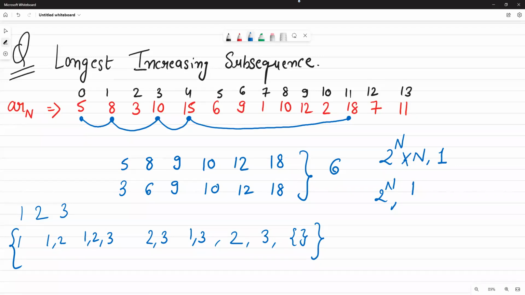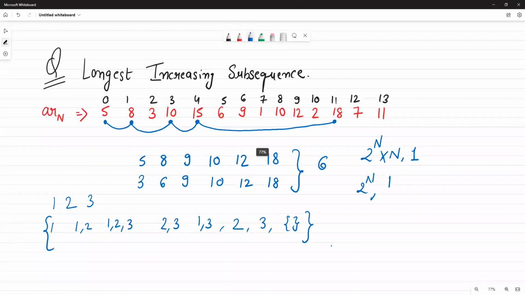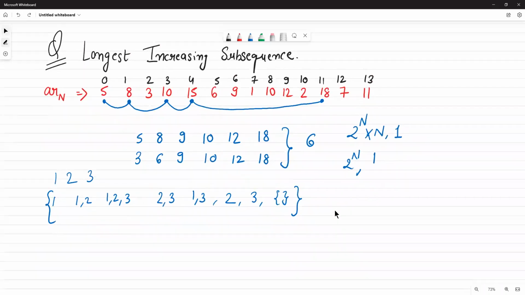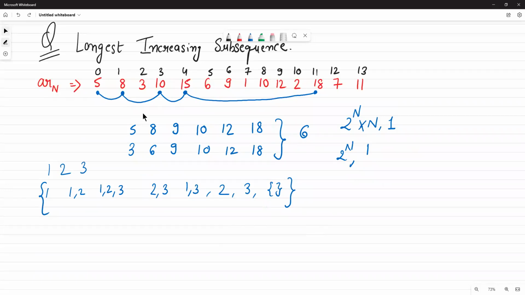Okay, perfect. So this is the introduction to this particular problem, and I hope you got the introduction part. Will you guys like to give it a try for the DP solution for this and how DP can be implemented in this? I know you guys can understand that DP can be implemented in this, but will you try to give it a shot?